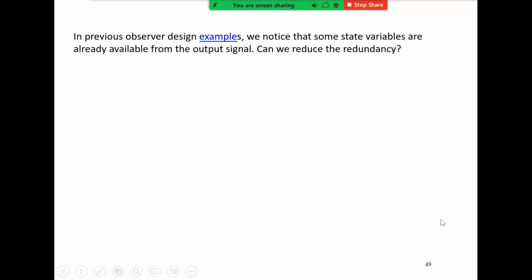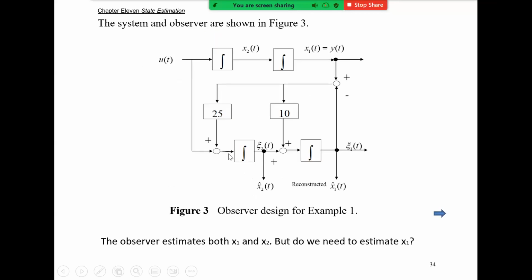Now, let's come to the final part of this observer design. There is one question we already mentioned. In the previous observer design examples, we noticed that some state variables are actually already available from an output. Can we reduce the redundancy? This is an example we already solved. We designed an observer to estimate both x1 and x2, but x1 corresponds to the output.